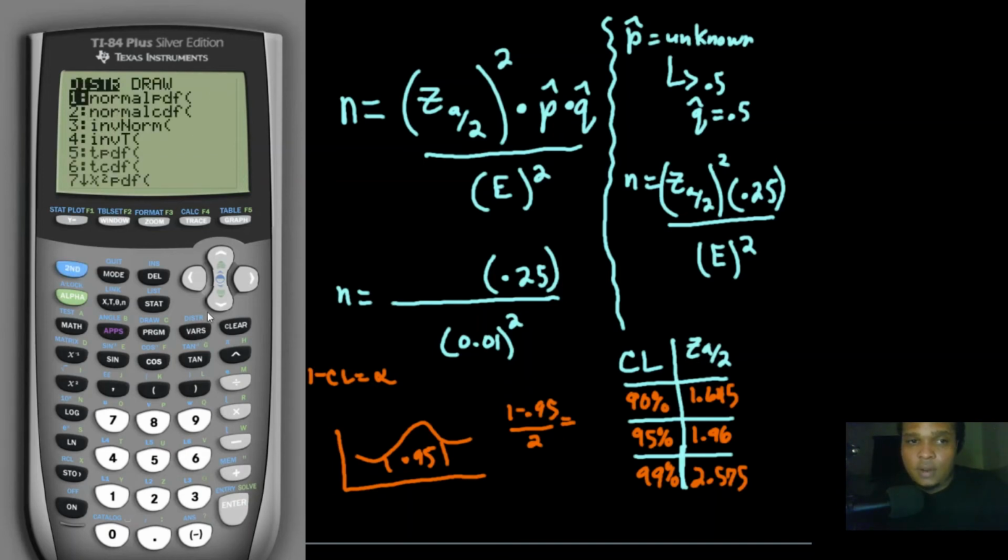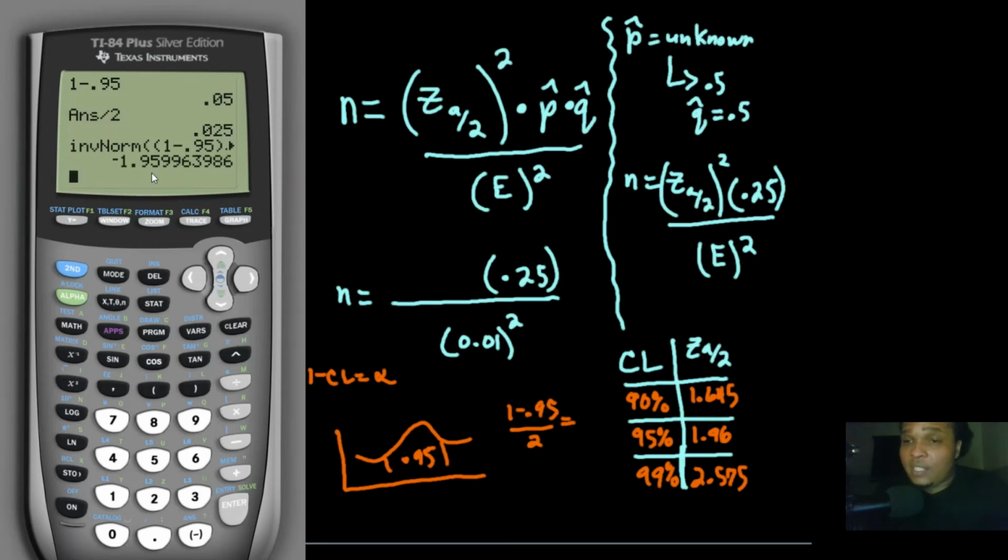So let's go here and let's go to inverse norm. If you want to, you can put this whole computation 1 minus 0.95, close up the parentheses, very important, divide by 2, is going to give you the answer that we just got. It's a calculator, it calculates. You can go straight to paste and you're going to get the answer.